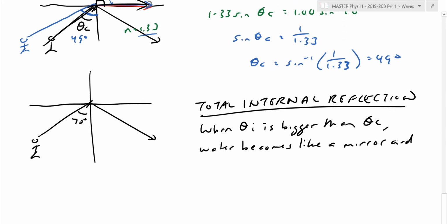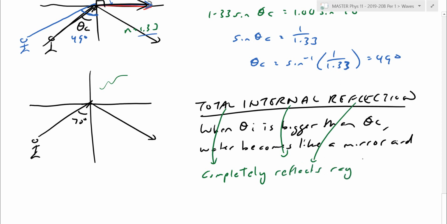And here's the wording: total means completely. So none of the light actually gets out, not even a trace of it. It's going to be internal, completely internally reflected, reflecting the ray back into the water.